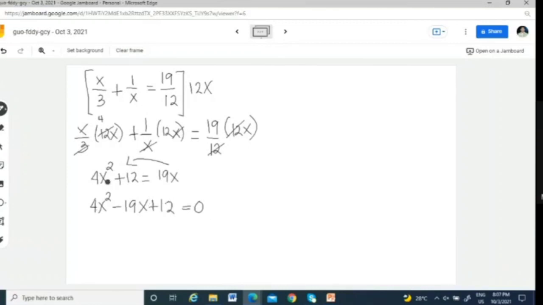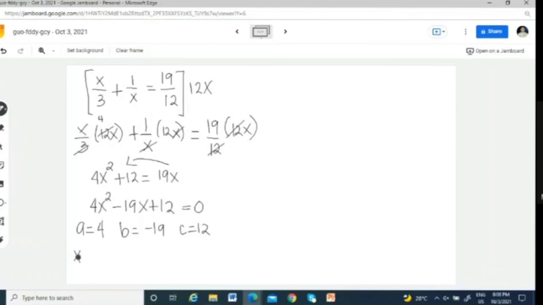So, in this problem, the appropriate method to use is the quadratic formula. So we are going to get the values of a, b, and c. a is equal to 4, b is equal to negative 19, and c is equal to 12. After getting the values of a, b, and c, substitute them into the formula.